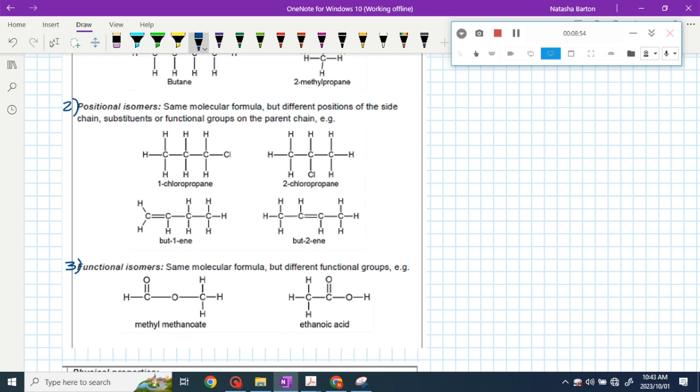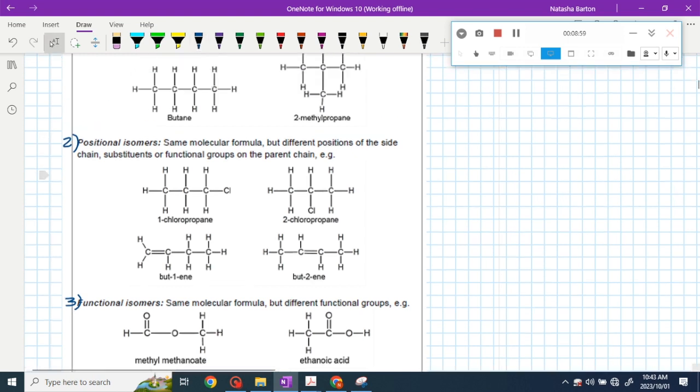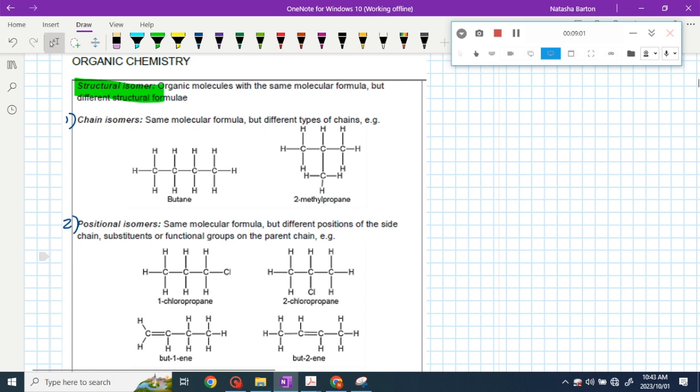I know you guys said you're interested in the other things, acids and bases and so on, but just very quickly. The way I am able to identify the different types of isomers is I write down the names of whatever I'm given. So step number 1, if you would like to determine what type of structural isomer you are dealing with, name the compounds. Now we say a chain isomer is molecules with the same molecular formulae, but different types of chains.